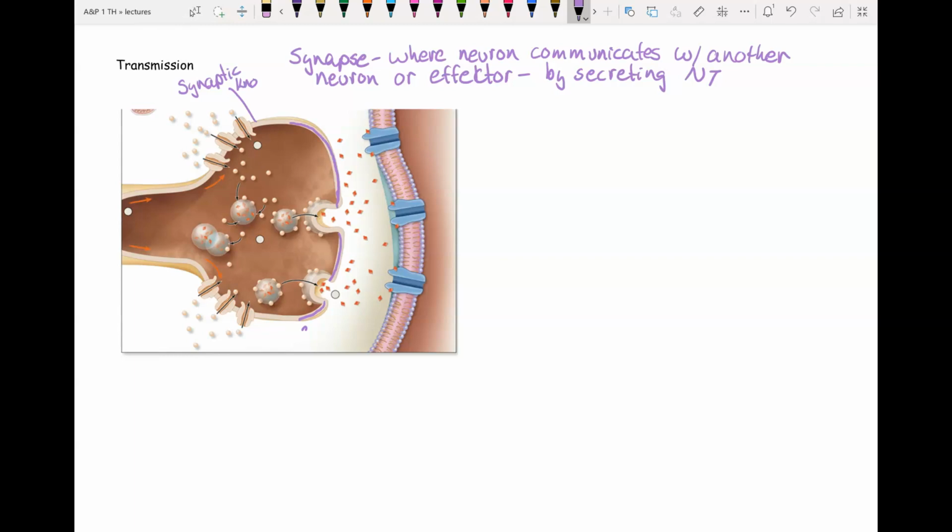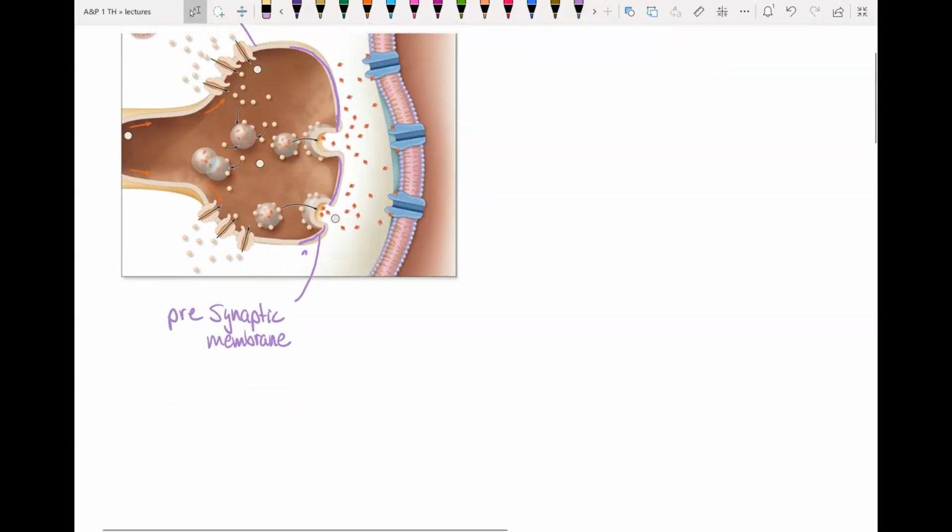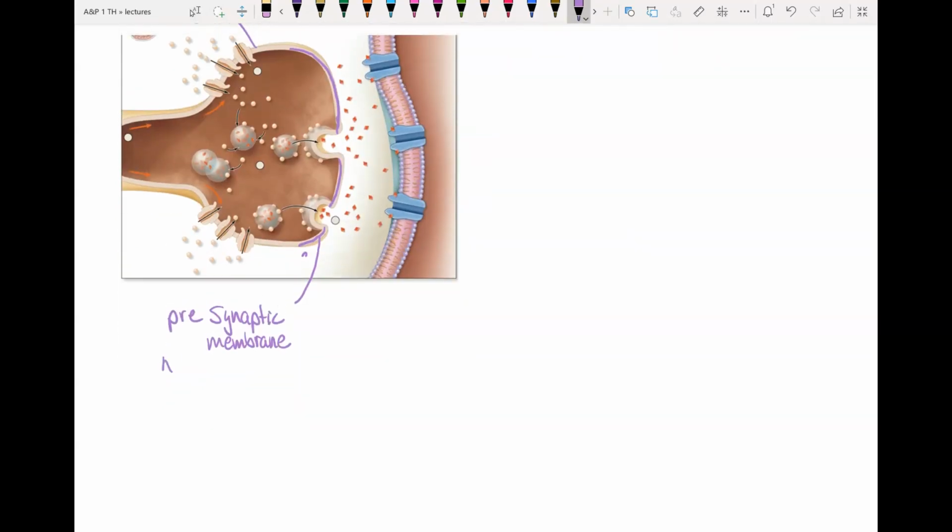We labeled those when we first labeled the neuron, and its membrane is called the presynaptic membrane. And one of the important features of this membrane is that it has a negative charge. And you'll see in a few minutes why that is important.